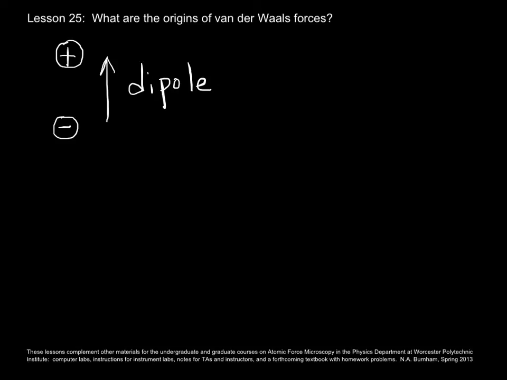It turns out that there are both permanent and temporary dipoles. An example of a permanent dipole is the water molecule. The water molecule has 2 hydrogen atoms and 1 oxygen atom, and instead of being in a line, they're in a configuration like this. The oxygen is electronegative, which means it grabs electrons, which means this side of the oxygen is more negative.